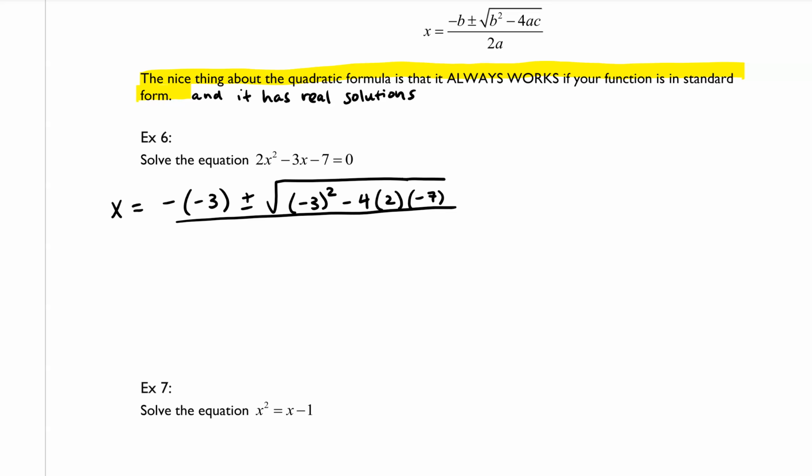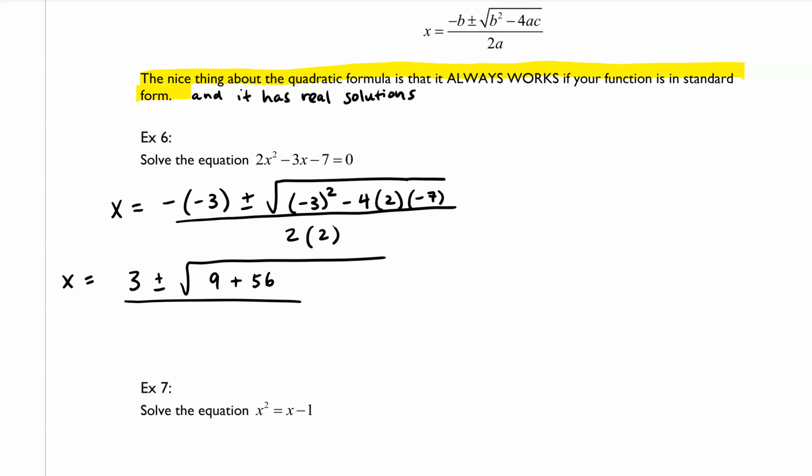And that is all over 2 times our a value, which is 2. Now we do want to go ahead and simplify that. So negative 1 times negative 3 is positive 3. Negative 3 squared is 9. Let's see, 4 times 2 is 8, and then 8 times 7 is 56, and that's going to be a positive 56. And then the denominator we can simplify as 2 times 2, which is 4.